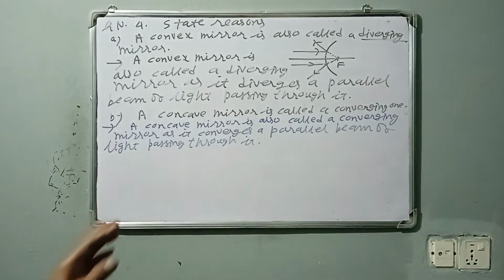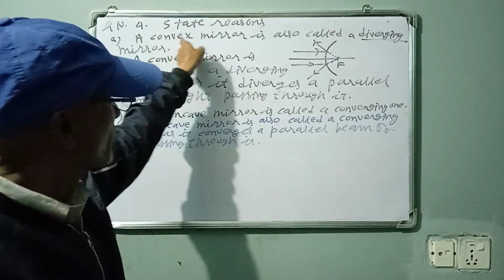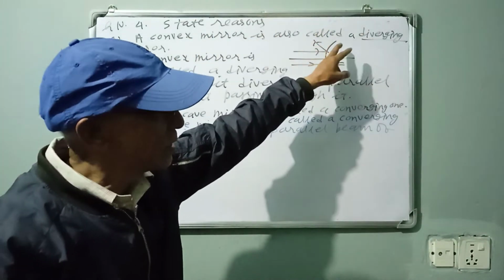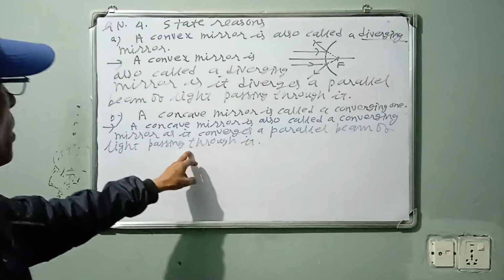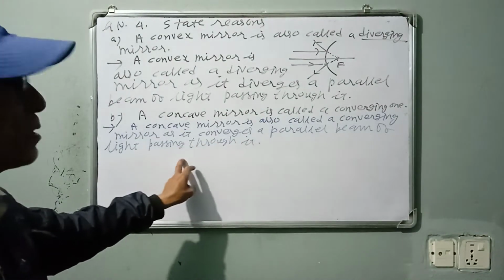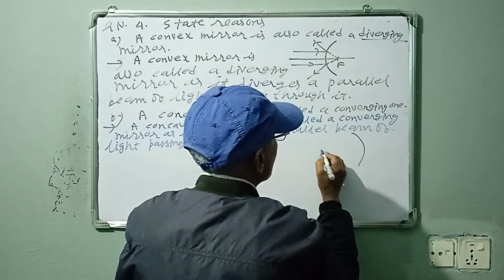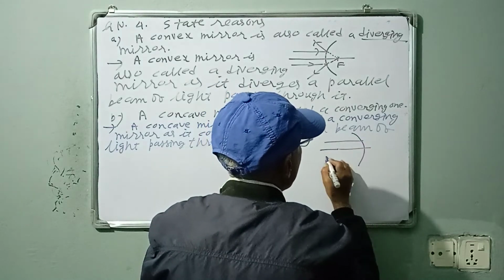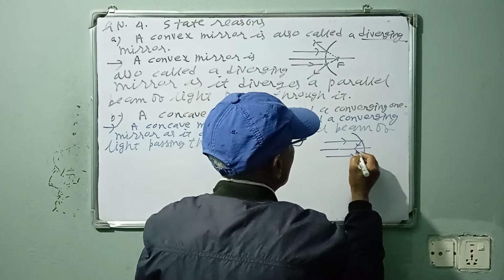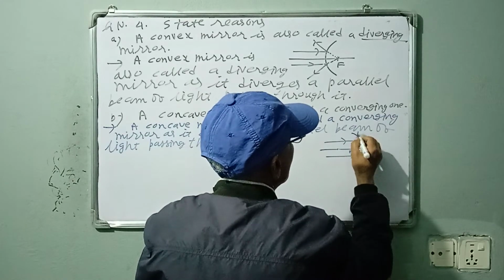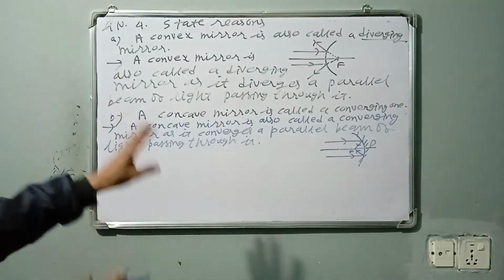What is its function? It converges, so it is called converging. A convex mirror diverges, so it is a diverging mirror. A concave mirror converges a parallel beam of light, so its name is converging. For example, a parallel beam of light after reflection converges to a focus.